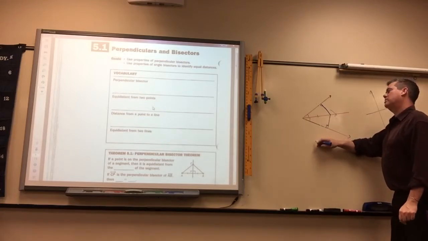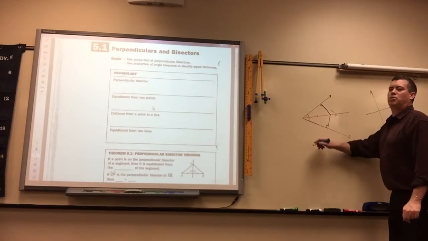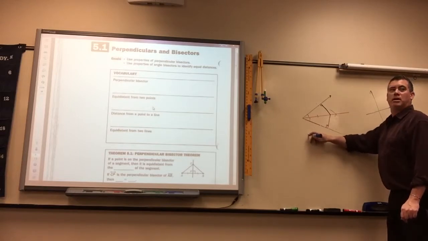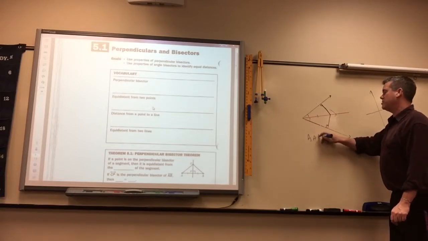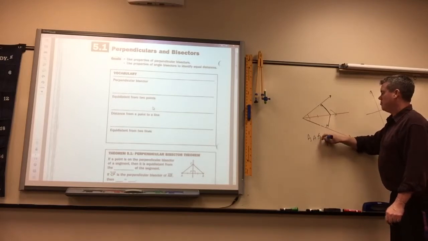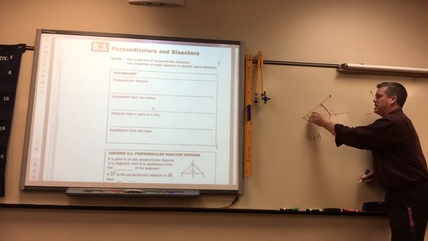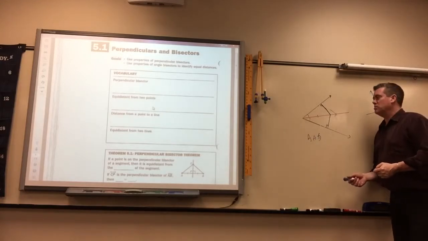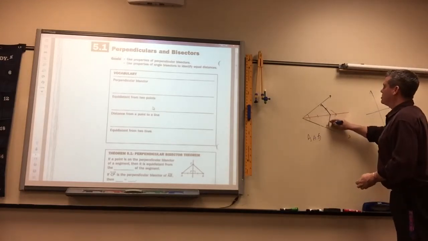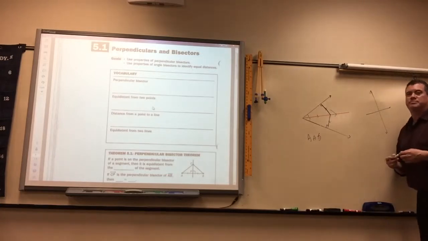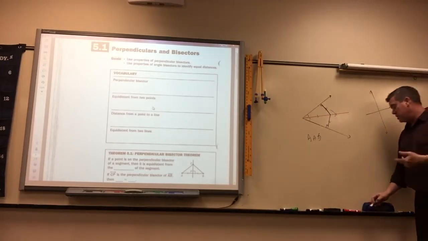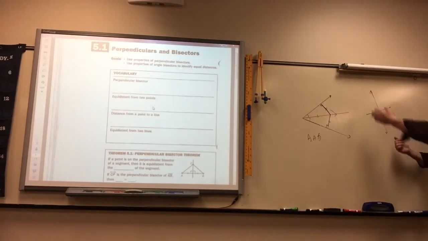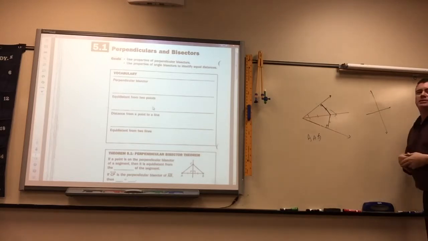Not hypotenuse, leg. The hypotenuses are, but we don't know a leg. AAS. Angle, angle, side. Which means all corresponding parts are equal. So that means that this piece does equal that piece. Okay? So those are the two things, perpendicular bisectors and angle bisectors.